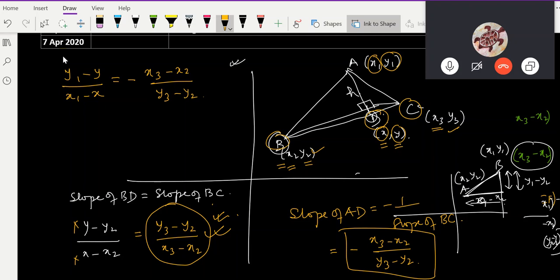Correct? Yes, sir. So from these two equations, we will be able to solve for x and y.